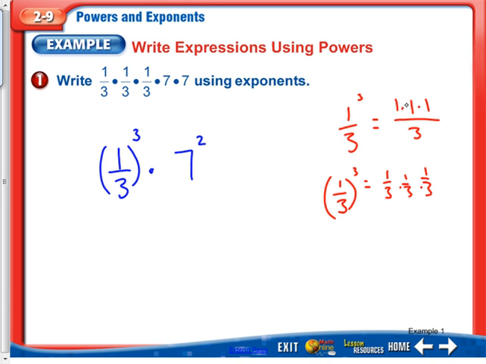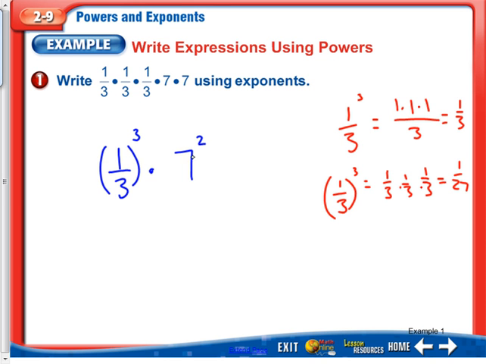That's a big difference, because if we do this, we're just going to end up with 1/3 again. And if we do this, we're going to end up with 1/27. These two items are not equal. So it's really important that when you have a fraction and you're writing it using exponents, you include parentheses around your fraction to show that we want to multiply the whole thing 3 times, not just the top number.